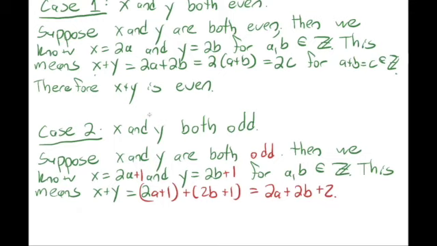So we have a little bit of extra stuff over here. We have this 2, we didn't have it over here, right? But that's not a problem, because that's still going to put this into the shape where it's 2 times some integer.